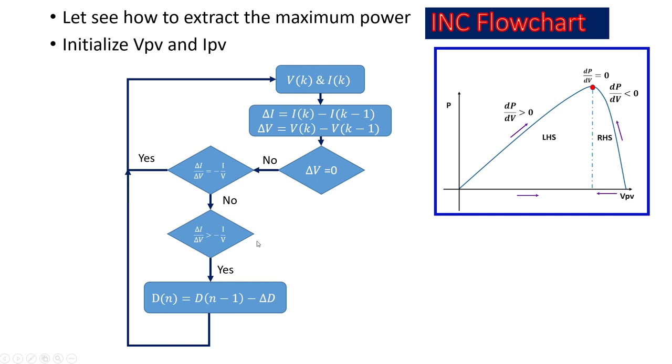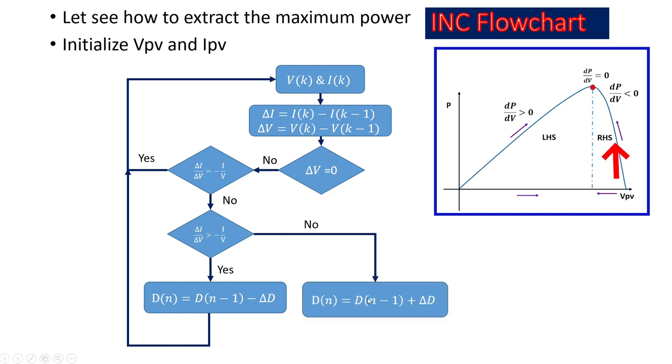When this condition is not met, that is, del I divided by del V is less than minus I by V, from the PV curve it is operating on the right hand side. So we need to increase the duty cycle to reduce the voltage of the PV panel.